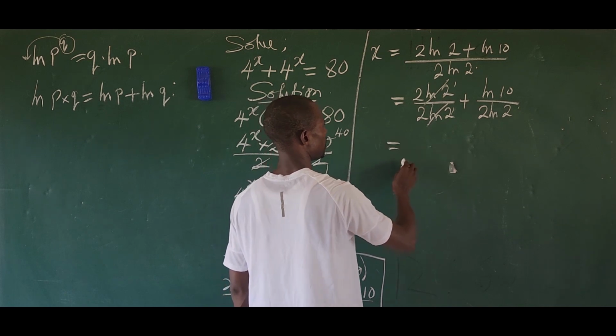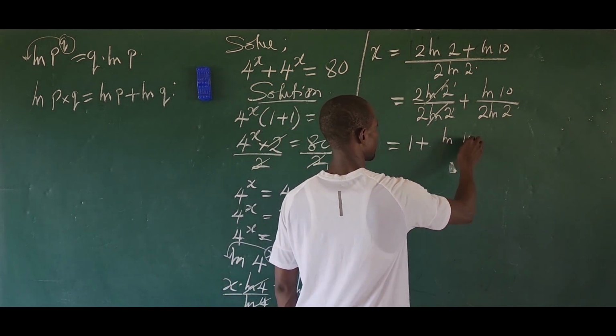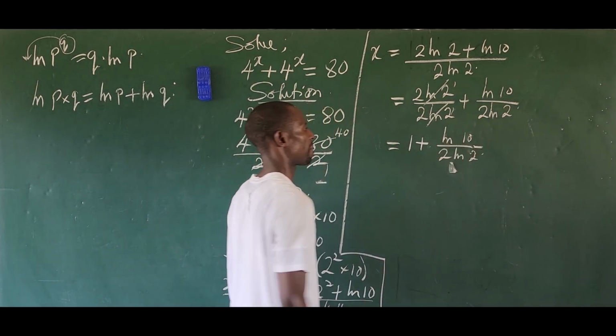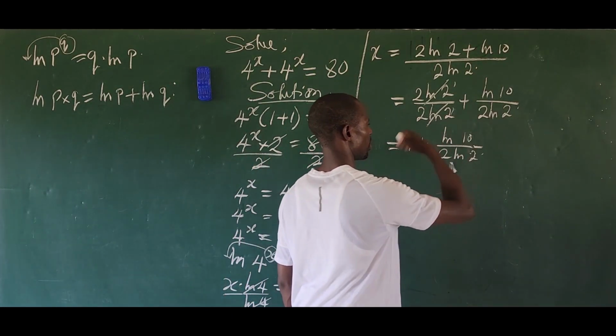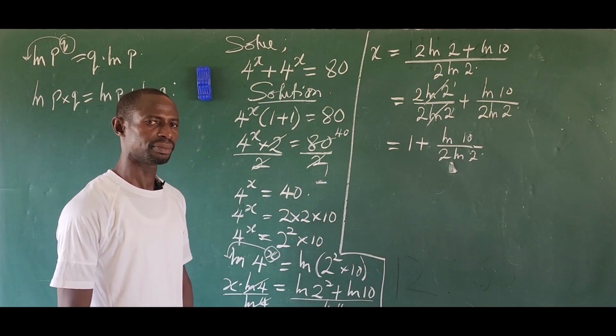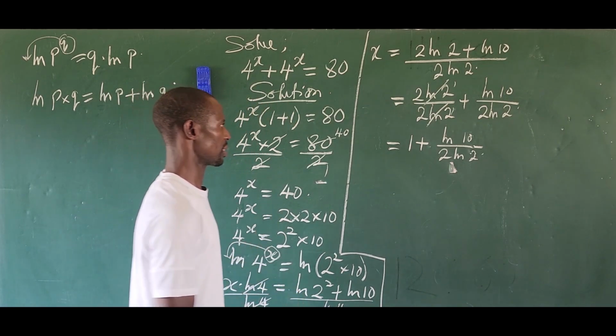So we're going to have this to be our 1 plus the ln of 10 all over 2 ln of 10. If you input this into your calculator, this is going to give you 1.6609620, something like that.